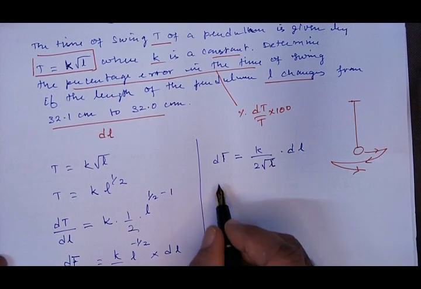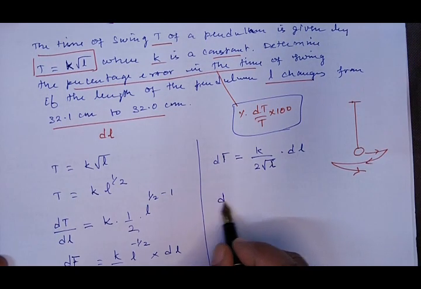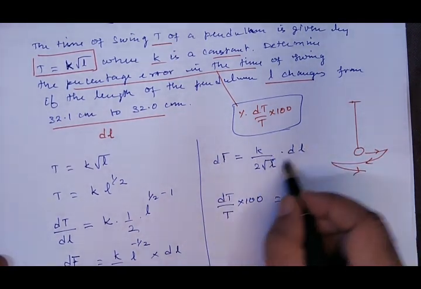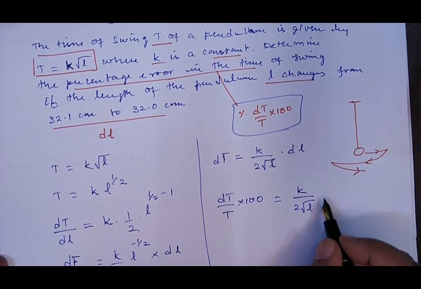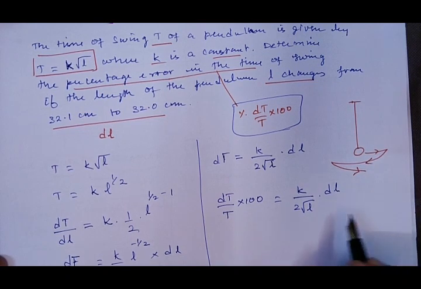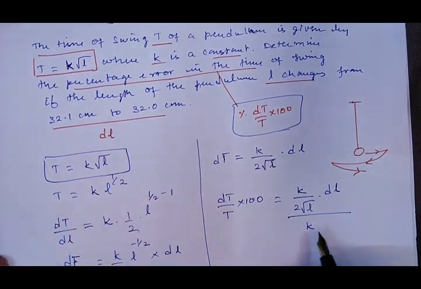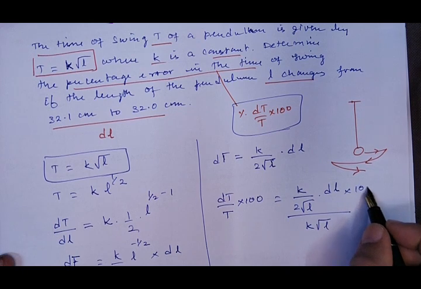Now the original timing is there. We want to find out this error. So dt by t into 100 is equal to, what is dt? The dt is k by 2 root L into dl divided by t. So the original t is k into root L, now into 100.